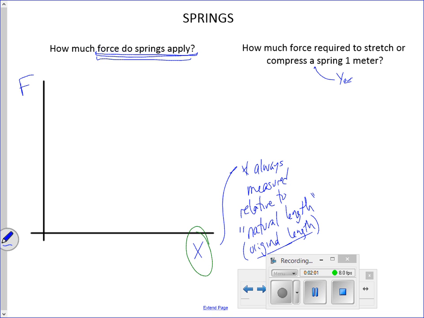So in some way, you're going to show me a very simple little analysis via a free body diagram that shows how you are actually figuring out how much force the spring applied. Okay? Not how much force you applied to it, or an object applied to it.